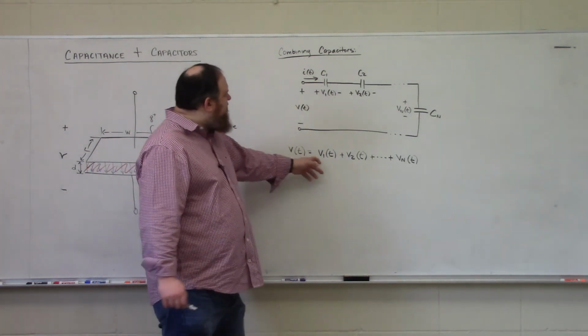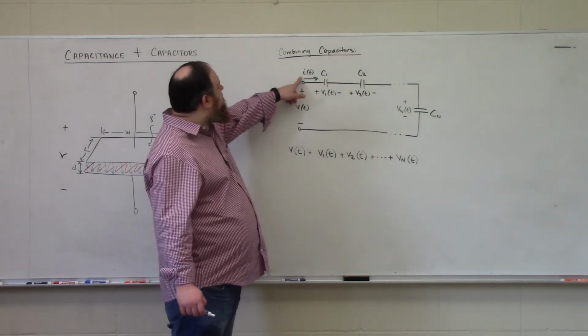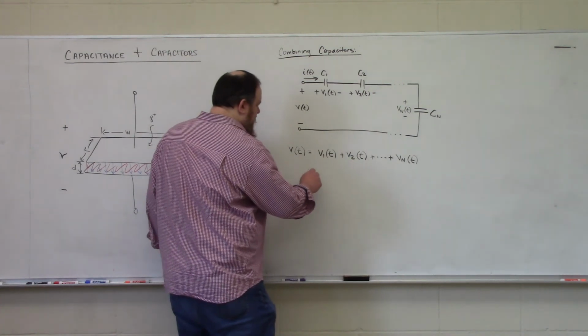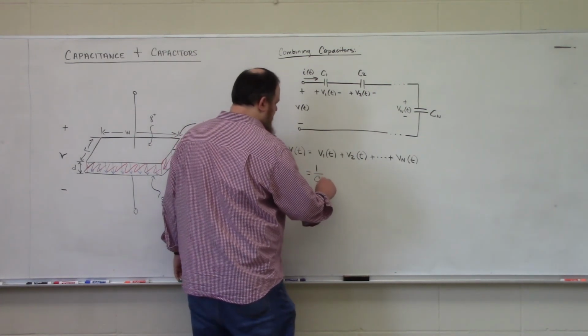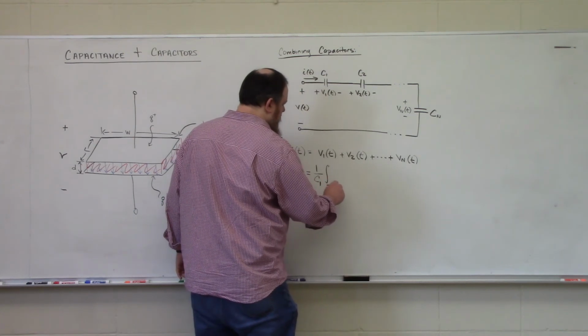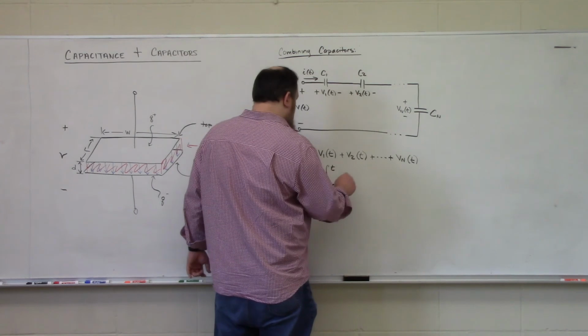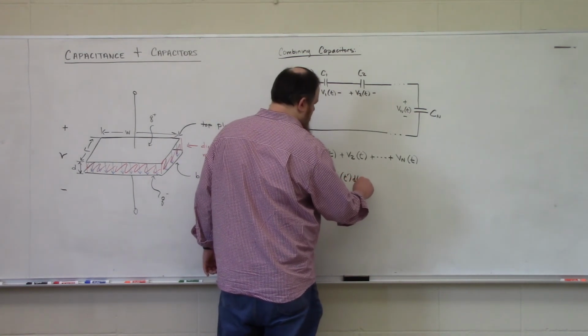Now, all of these capacitor voltage drops can be expressed in terms of this common current I. So for instance, V1 of t is 1 divided by C1, the integral from negative infinity to t of I of t prime dt prime.